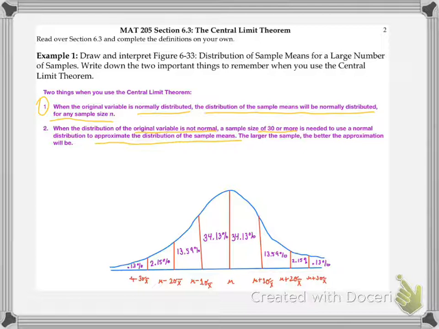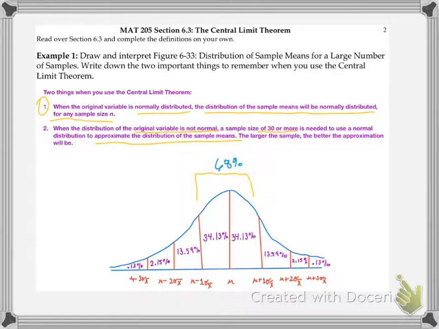This is our normal distribution graph, the bell-shaped curve. We know that one standard deviation coincides with 68% of our data.